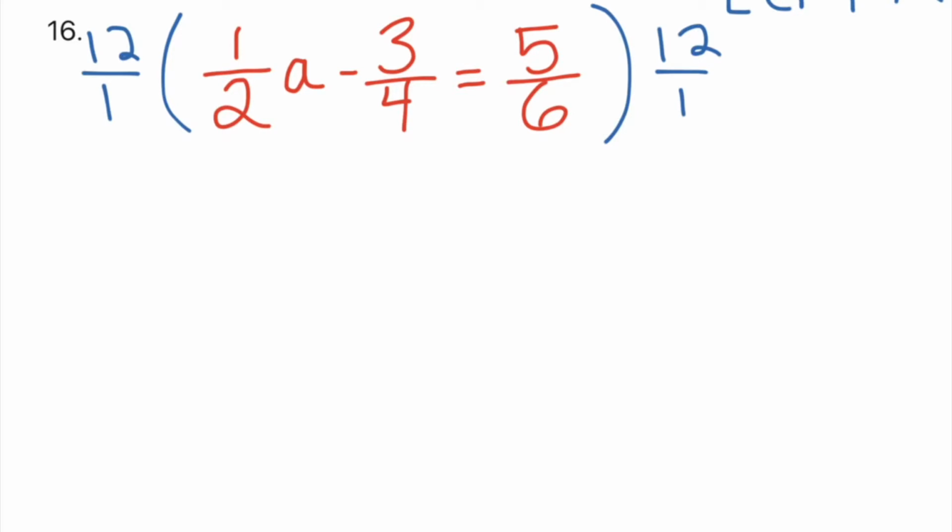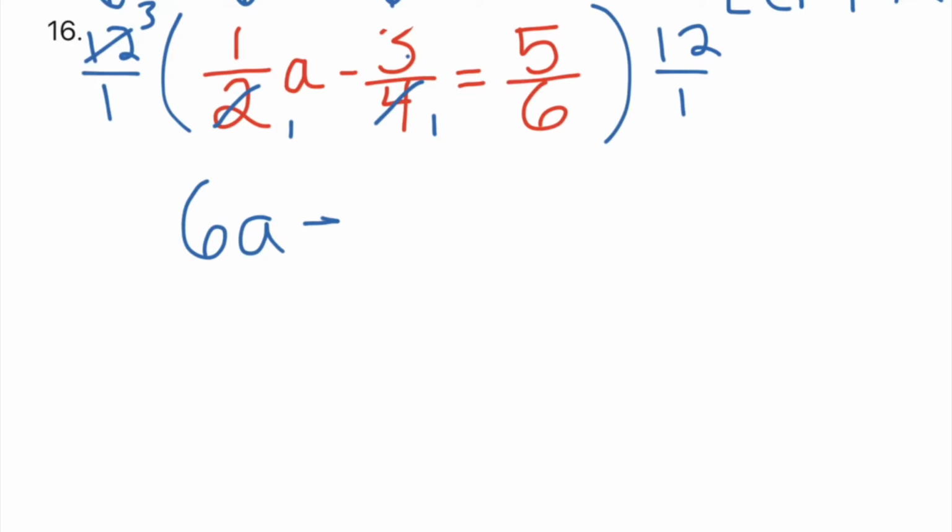So let's take this first one, 12/1 times 1/2. Notice the 12 and the 2, they reduce, and that becomes a 6. So it just becomes 6a. Minus, I'll erase that. Now we have 12/1 times 3/4. So the 12 and the 4 can reduce.